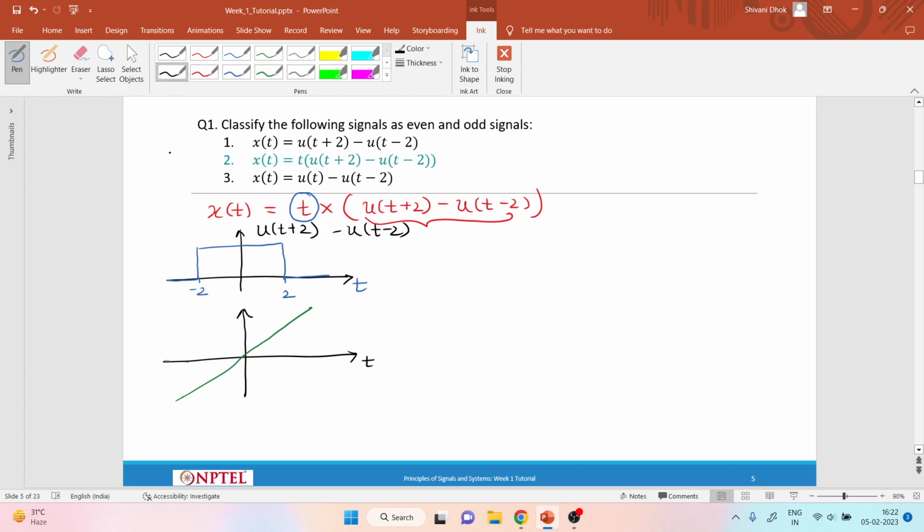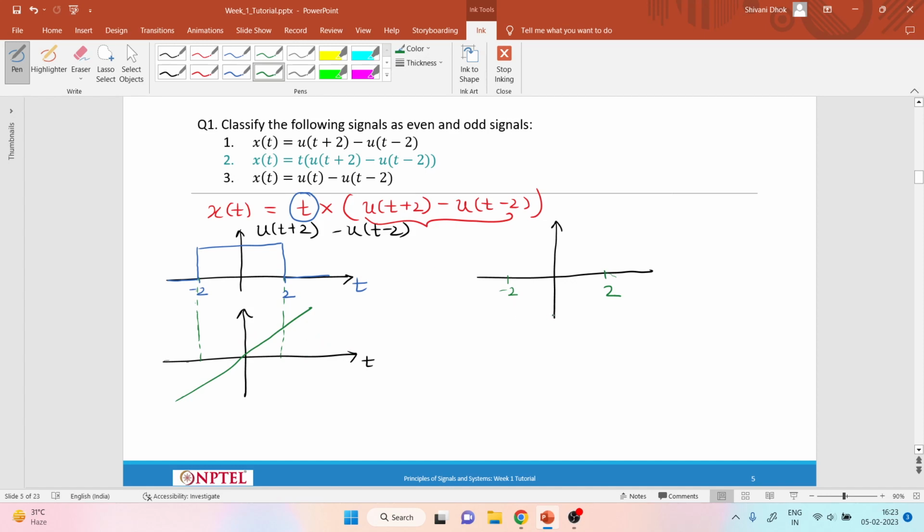And our x of t is multiplication of these two signals. So the x of t will be this signal. So we can observe that till this part x of t will be non-zero, but whenever t is greater than 2 and whenever t is less than minus 2, it will take a 0 value, else it will be equal to t.